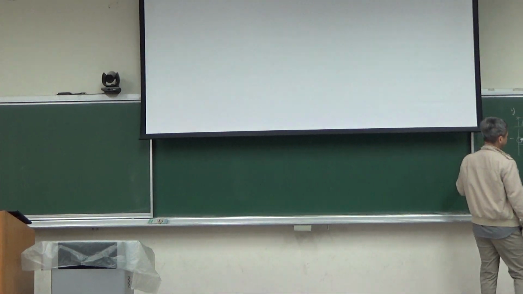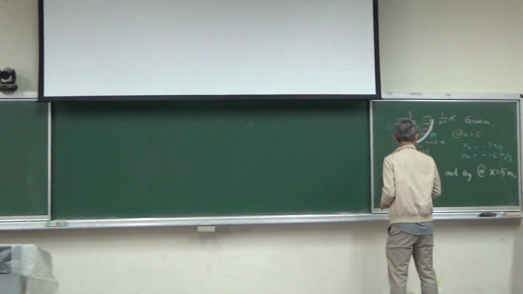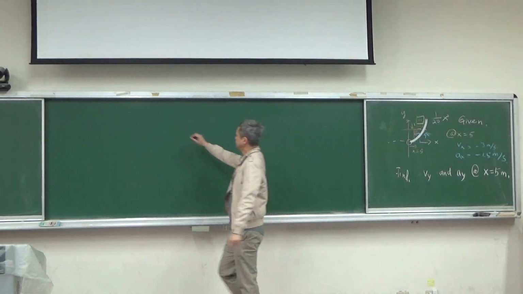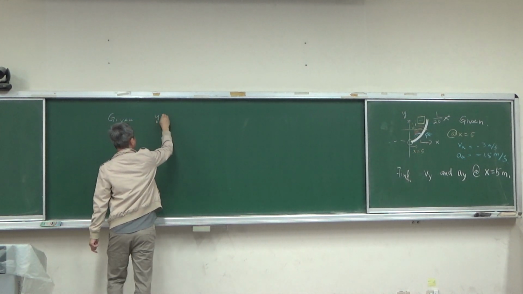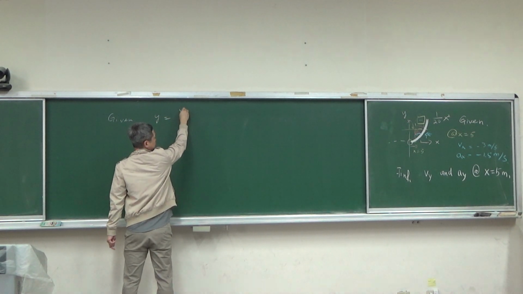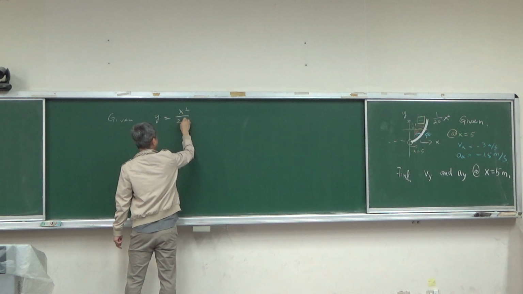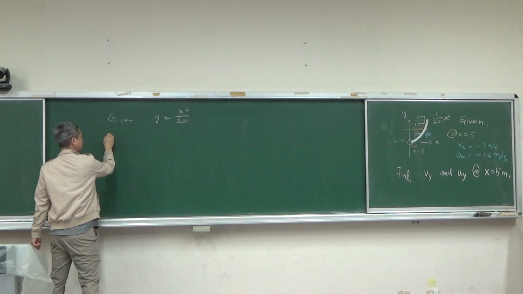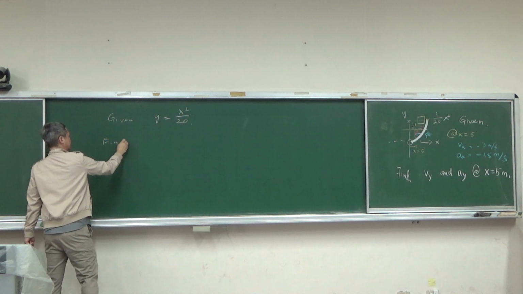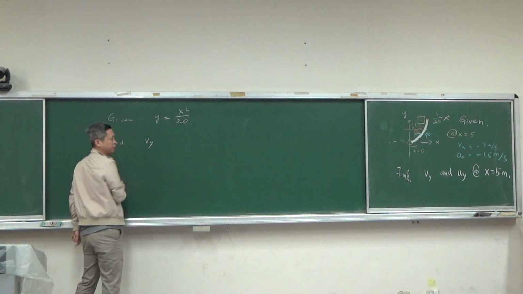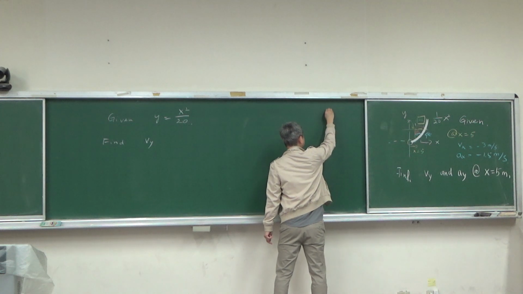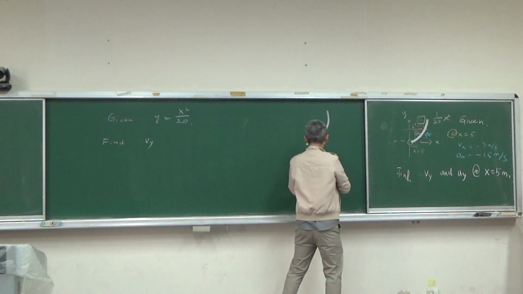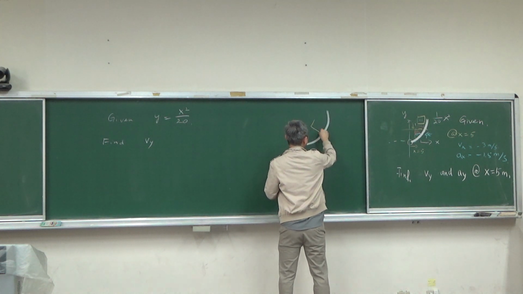Okay, I rewrite this. This is the given profile. You are asked to find, let's say, Vy. What is Vy? In this plot, you can see that the box will come down.